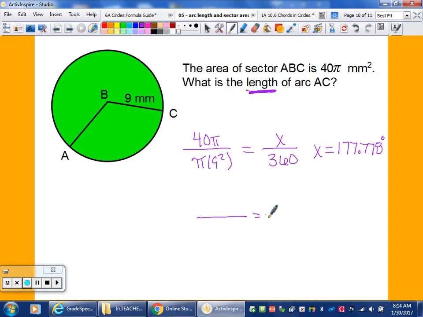Okay? So I put in the 177.778 degrees on the top, and I put 2 pi times 9 for the circumference, and I put a big X on the top. So now I have to do 2 times 9, which is 18, times 177.778 degrees, and divide that by 360.